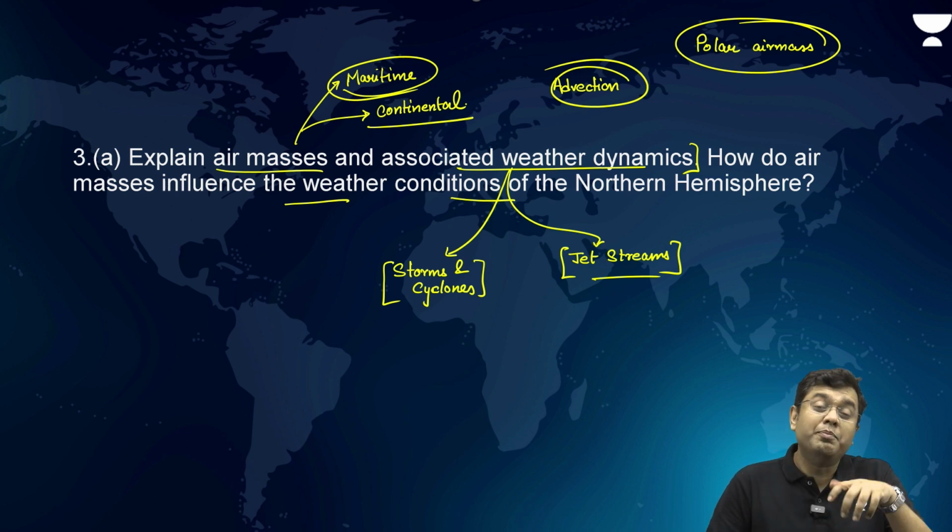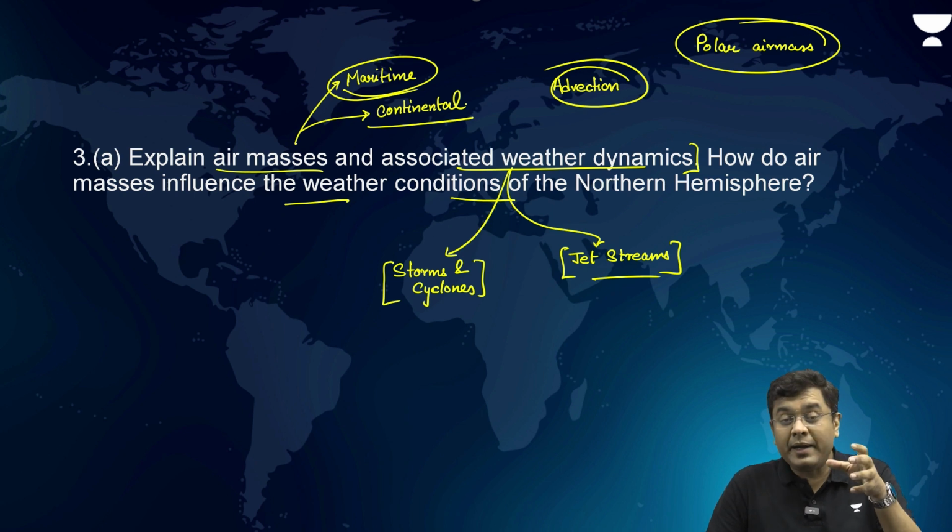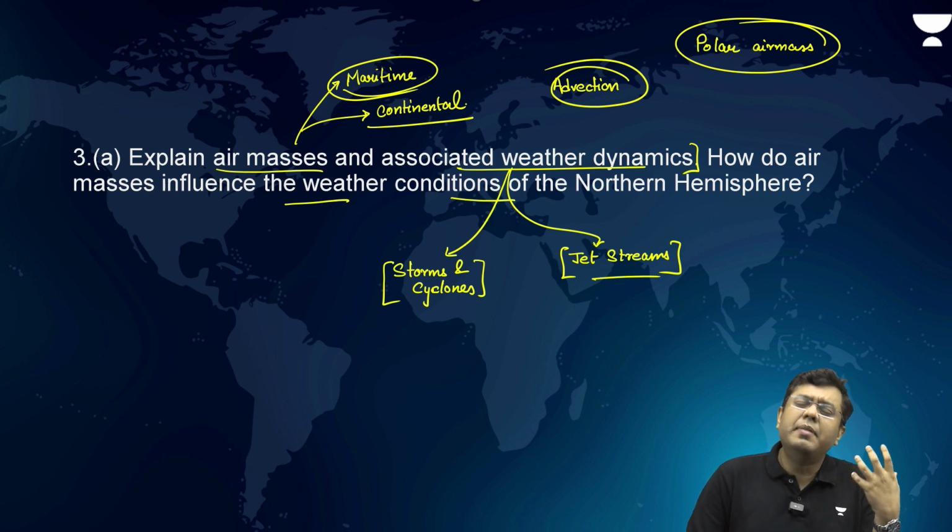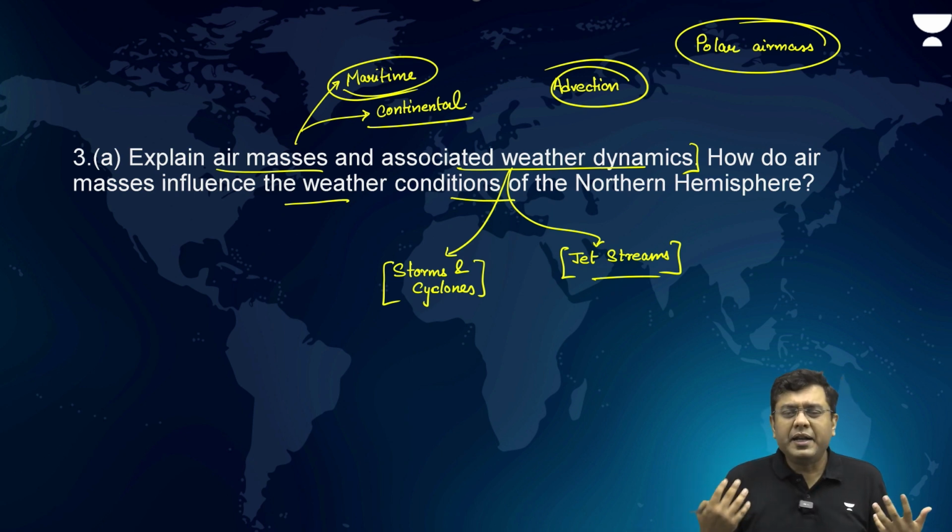Then, when we talk about the moist and warm air masses, they can form tropical cyclones or hurricanes in the region of the lower latitudes rather. So, there you have the multifarious impact and the different types of interactions of the air masses. Each of them could be written.